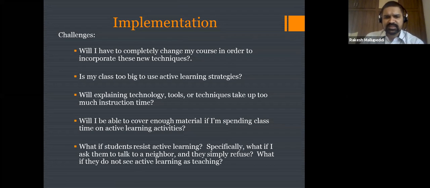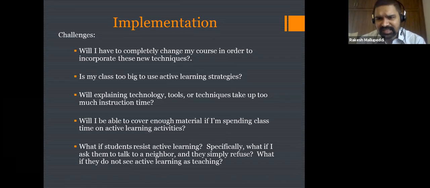Now, with respect to students, what if students resist active learning? Specifically, what if I ask them to talk to a neighbor and they simply refuse? What if they did not see active learning as teaching? In the earlier points we talked about it. The learning outcomes, why you are using this technique, should make students feel comfortable with the technique that you are using.